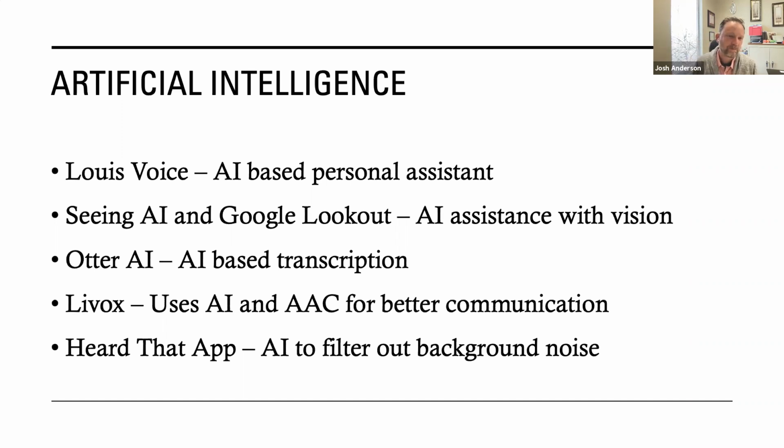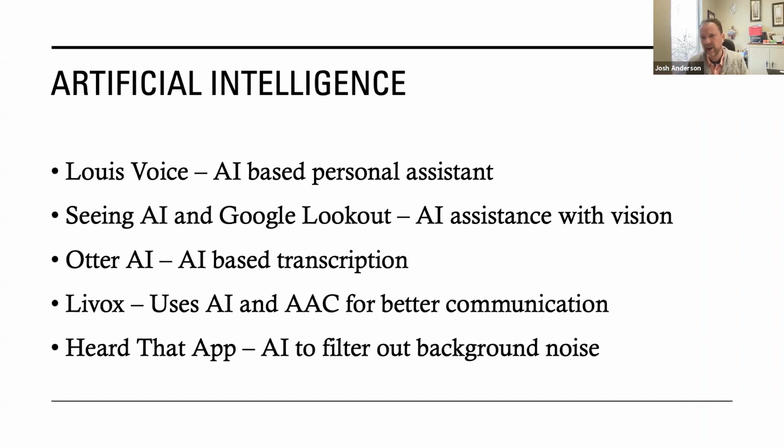But Seeing AI can also read handwriting. The most amazing thing about it is that it's free. You just have to have an iPhone or an iPad. And with that technology, devices like that used to be upwards of $3,000, $5,000 just for the reading component, not even the facial recognition and the other things that it can do.